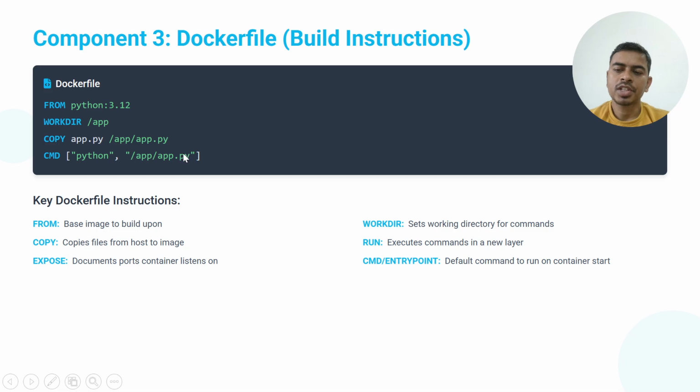So this is the Dockerfile structure. Key Dockerfile instructions: FROM is the base image to build upon, COPY copies files from the host to the image, and EXPOSE documents the ports the container is listening on. WORKDIR sets the working directory for the commands, RUN executes a command on the layer, and CMD is the default command to run.